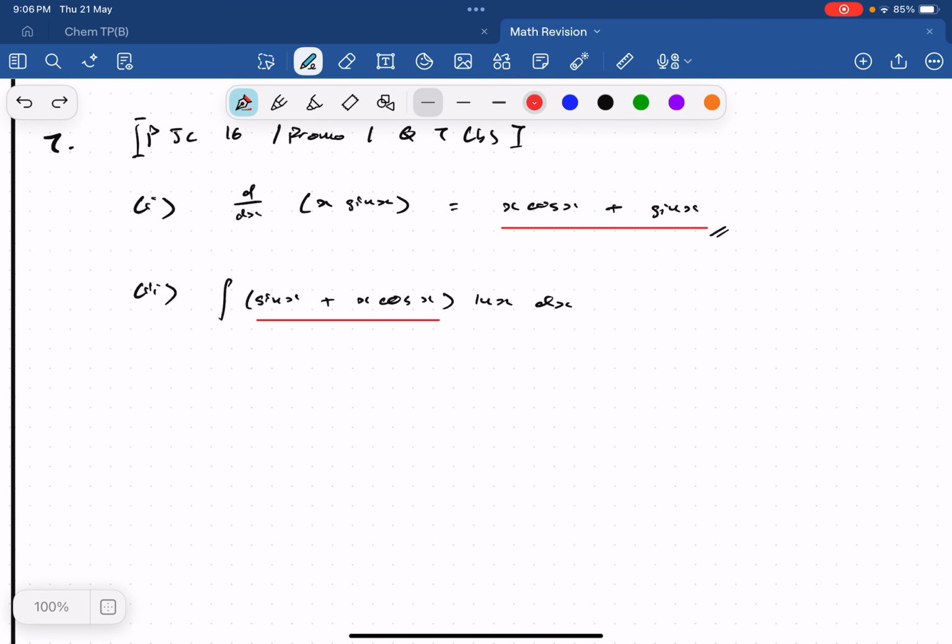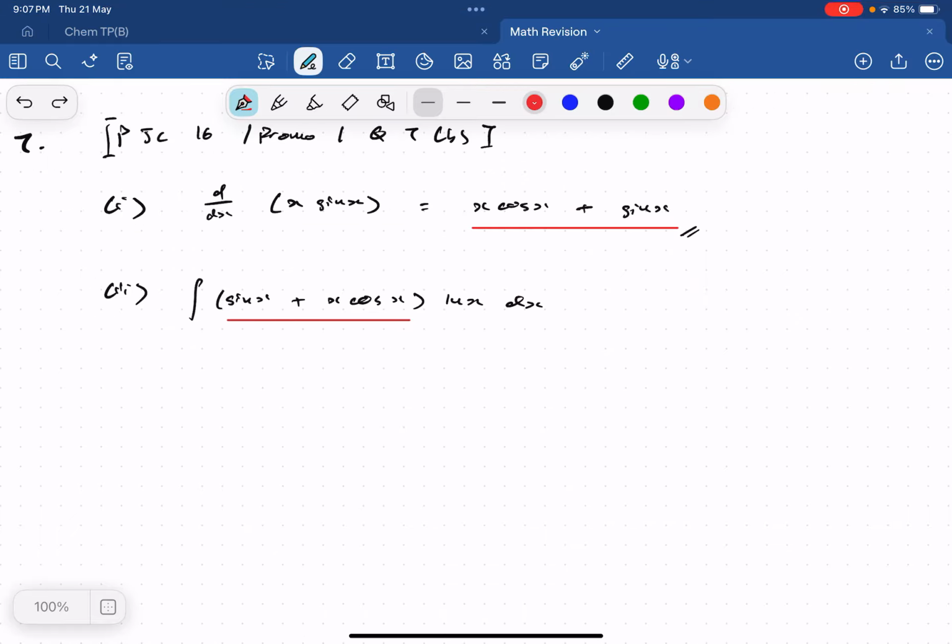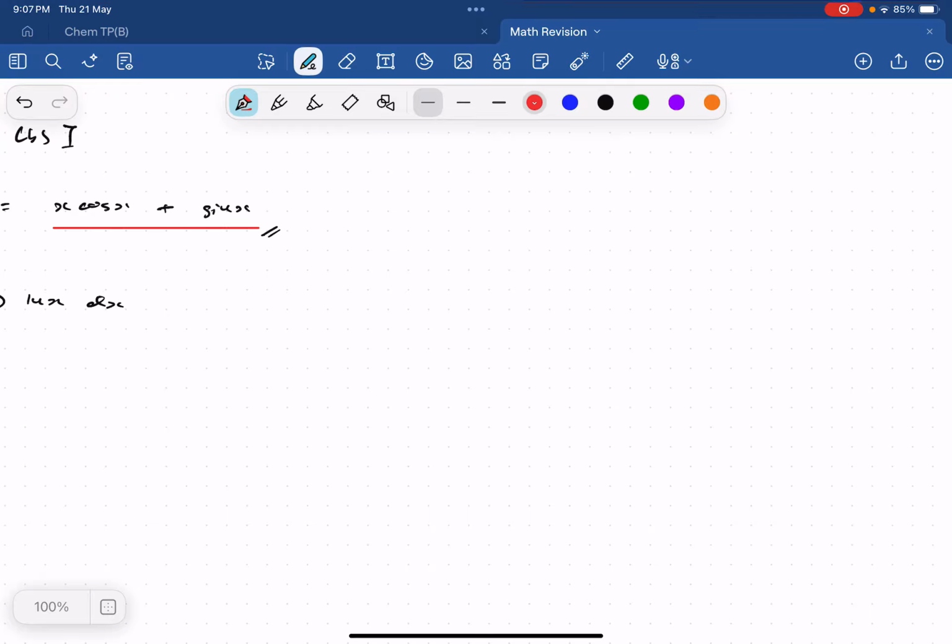Obviously, this is a sign that they want you to treat this as dv/dx. Okay, so let me just clarify here. Basically they are saying that dv/dx is this thing, and so therefore this means that v is x sin x.